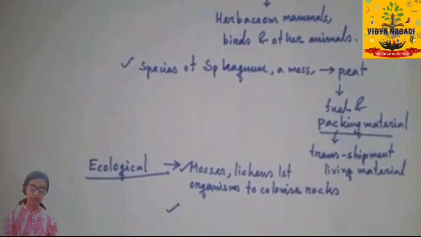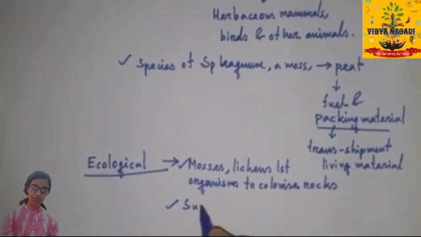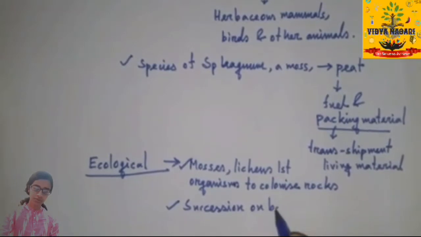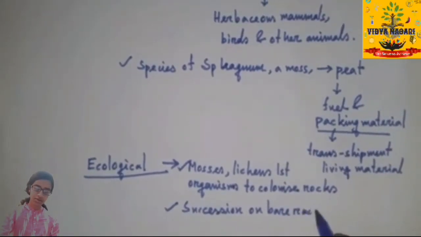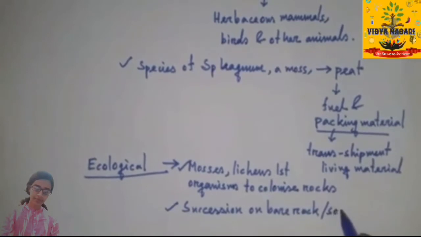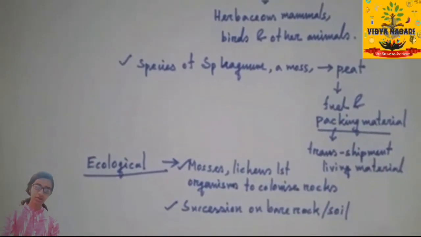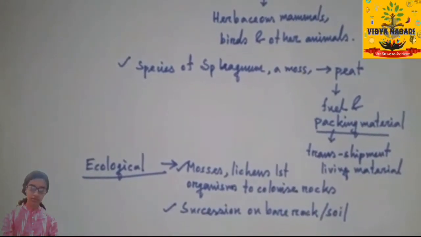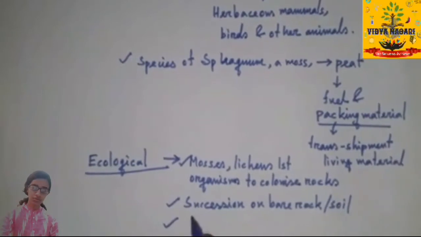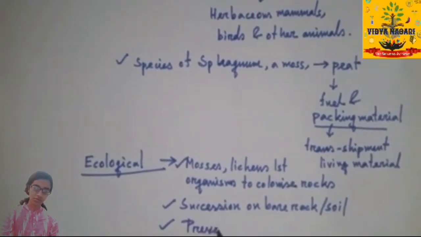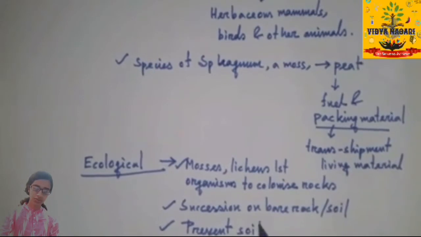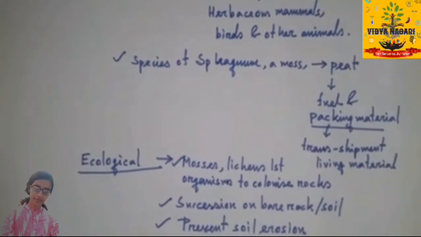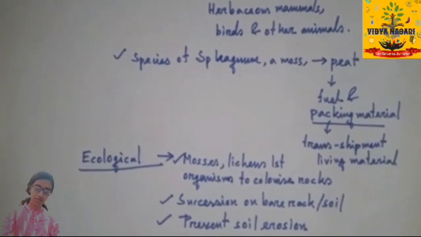They have an important role in succession on bare rock and soil, because they decompose rocks and thus make the substrate suitable for the growth of higher plants, and they prevent soil erosion, because they form dense mats on the soil.